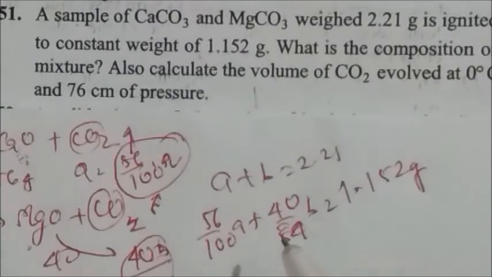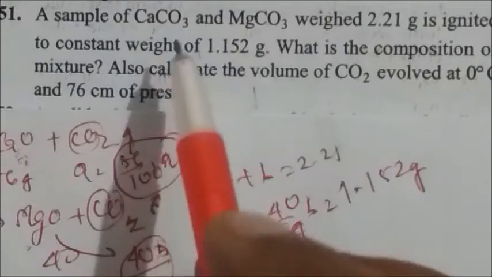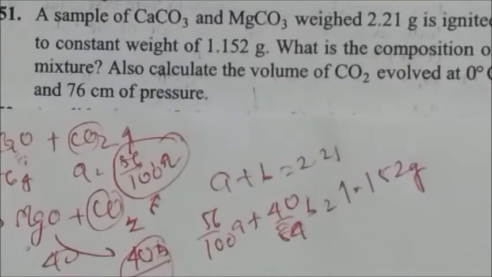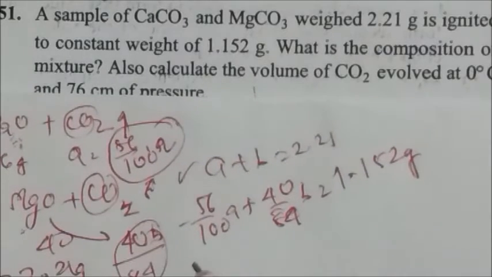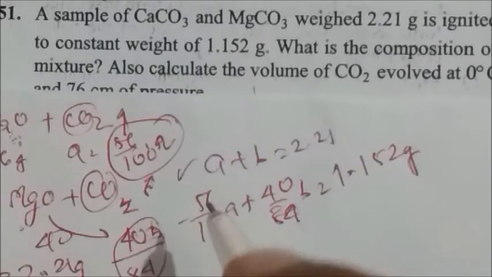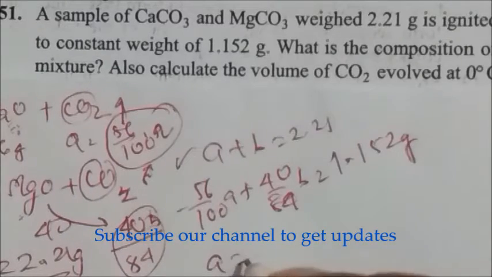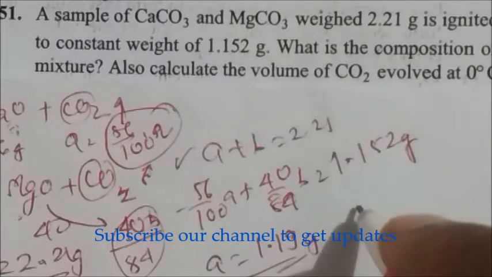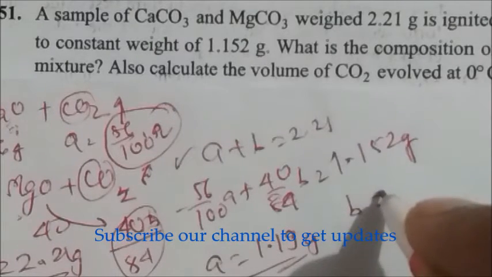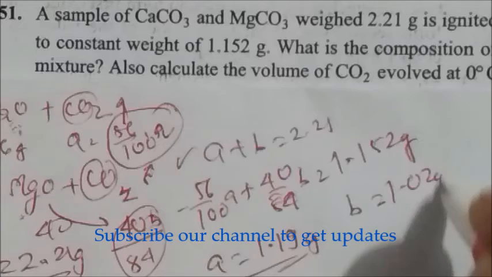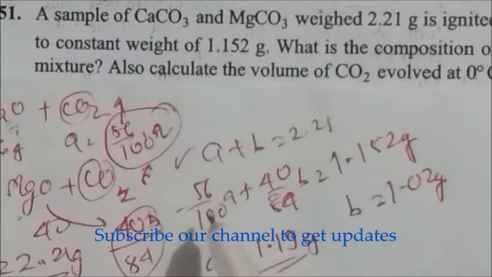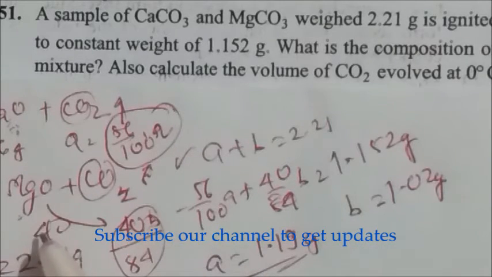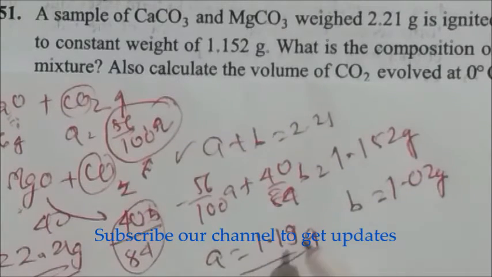This was the loss of weight when calcium carbonate and magnesium carbonate were heated. So now this is a simultaneous equation. If you solve it, you will get A equal to 1.19 gram, and similarly B you will get 1.02 gram. So these are the weights of calcium carbonate and magnesium carbonate in the mixture.